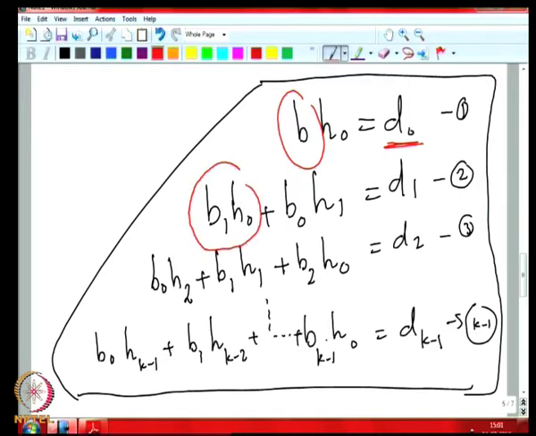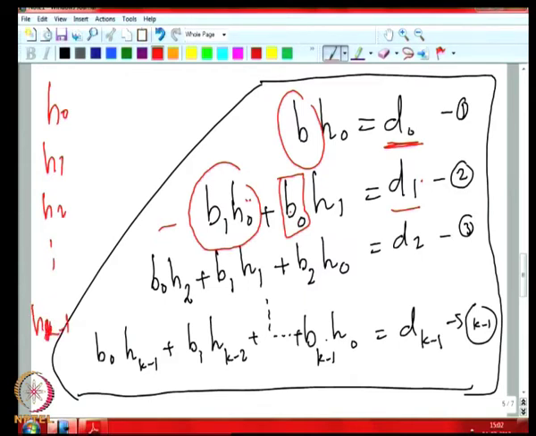Now, D1 is known, so we take this part to the other side, that means B0 into H1 is equal to D1 minus B1 times H0. But this again, this B0 is non-zero, so we can divide by B0 and we will get H1. Like that we can get the values for H0, H1, H2 up to Hk minus 1, right.